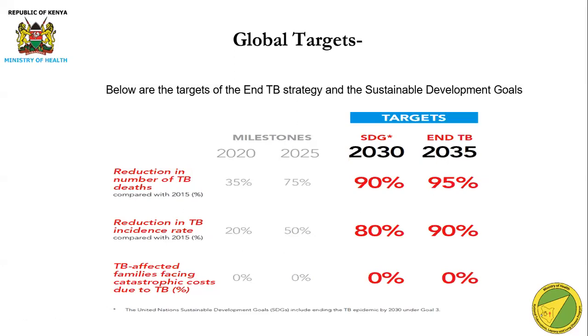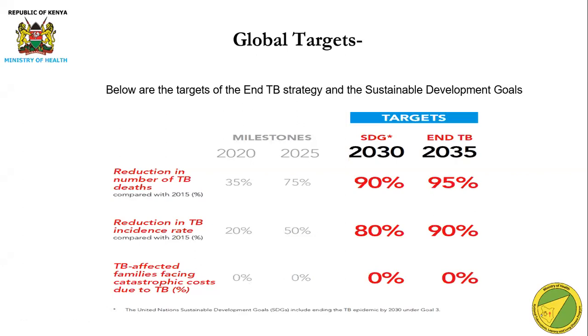The other indicator we are looking at is reduction in TB incidence rate by about 90%. So by the end of the TB strategy, we'll have only 10% of the TB incidence we had in 2015.